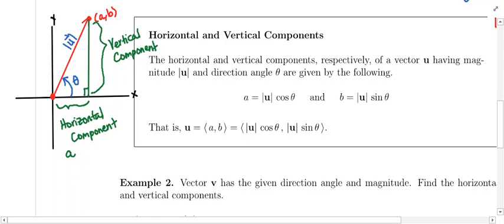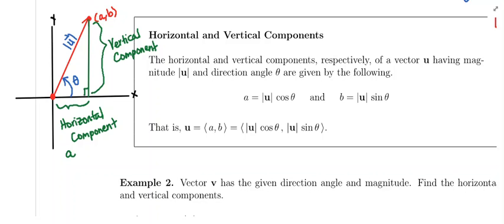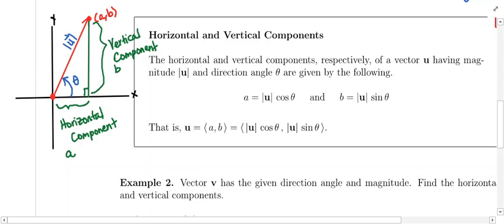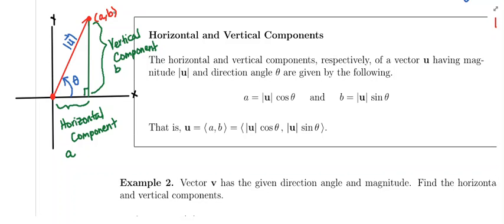And then once you get here, you have to go up b units. So this distance right here is b units, so the vertical component is b. That terminal point is really telling you the components of your vector. The horizontal component, we're calling it a, and the vertical component is b.